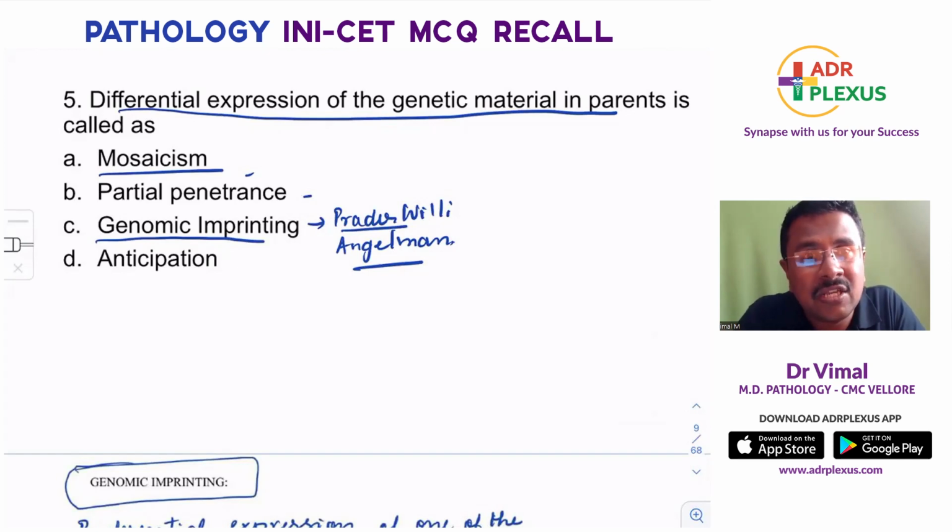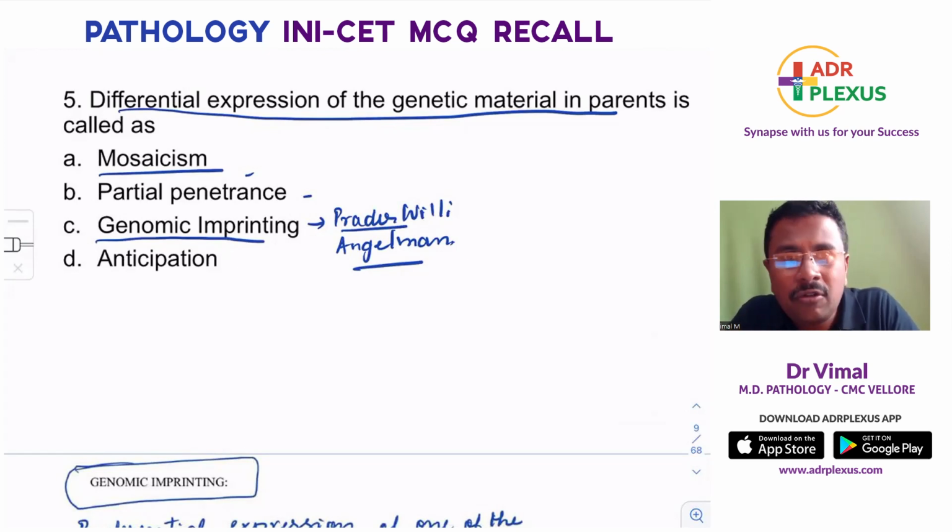That is the penetrance. So partial penetrance means that not all 100 people who carry the mutated gene will express the phenotype. Only a few of them, say 60% or 70%, will have that expression. This is called partial penetrance.